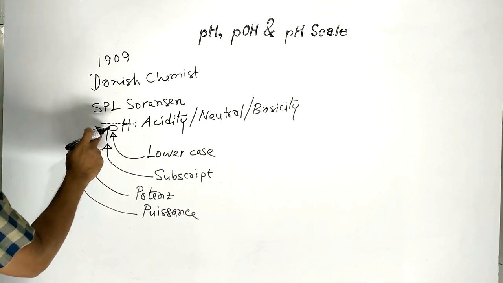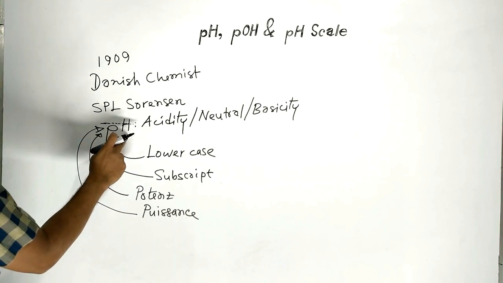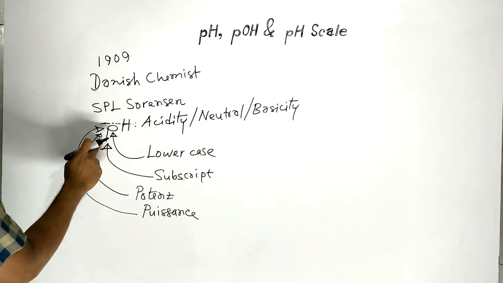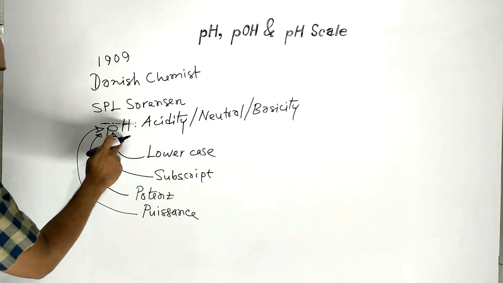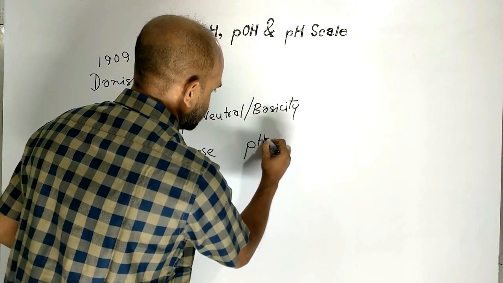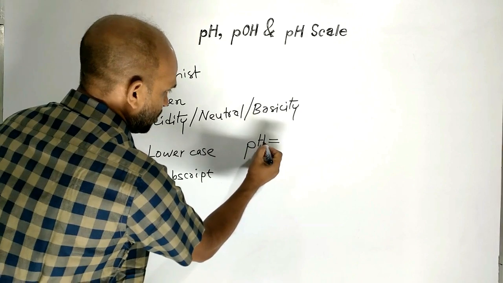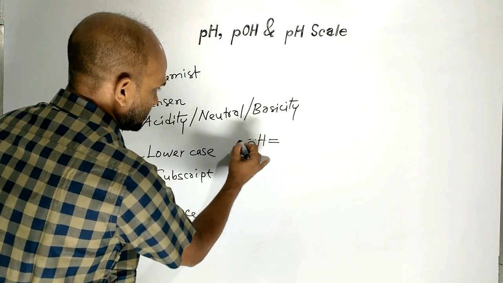So, pH means power of hydrogen. More accurately, pH means power of hydrogen ion. So here we can write pH, equal sign will be along the baseline.